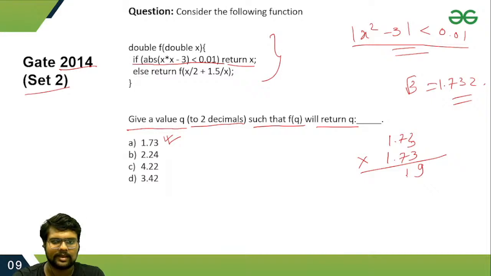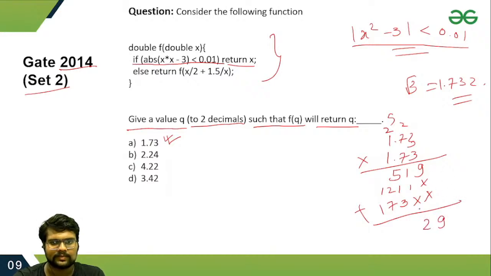So it will be 9, 1, 2, 3, 5, 7, 1, 2, it will be 12. Let me just add this.